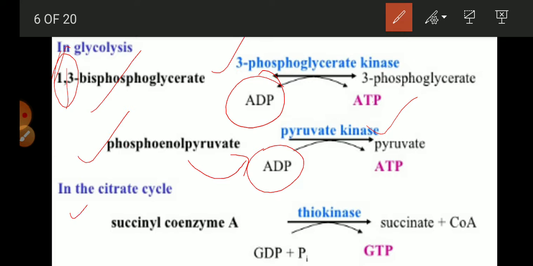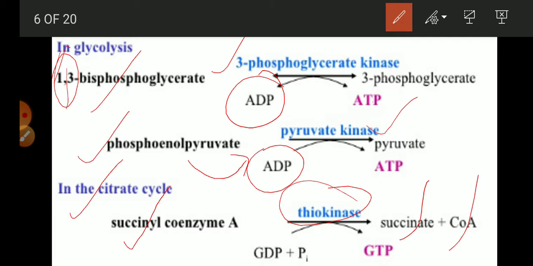Then the next step is done in the citric acid cycle or citrate cycle, in which succinyl coenzyme A is changed into succinate, and coenzyme A is removed from it, and thiokinase is the enzyme which converts succinyl coenzyme A to succinate.